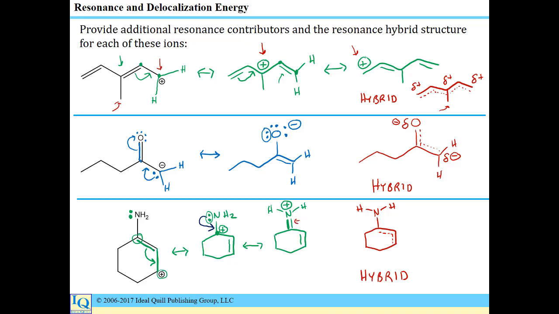And then finally, we pushed electrons around to have some double bond character between the nitrogen and carbon. And then we have to figure out, well, where do we have some occupancy of positive charge? Now we have some partial occupancy here, partial positive. And then we drew a contributor in which we have a partial positive on that carbon, and then some positive charge character on the nitrogen because of the representation in this structure.